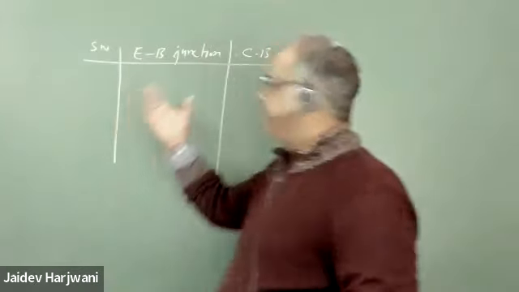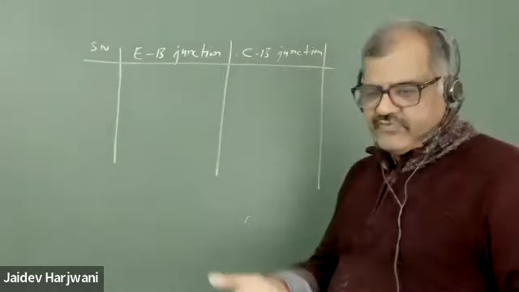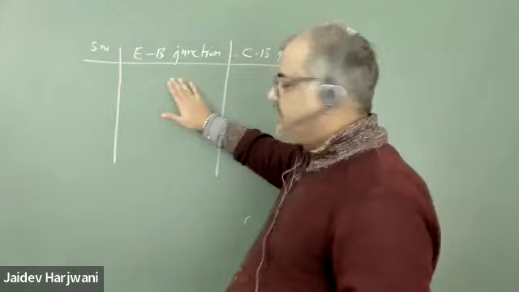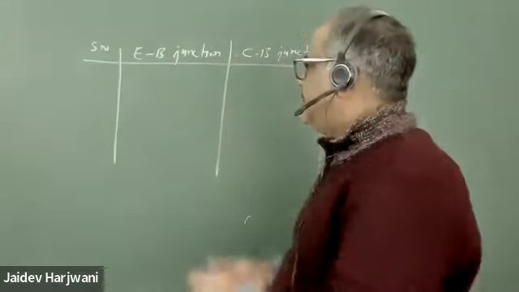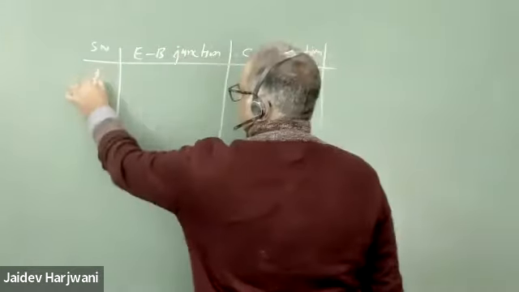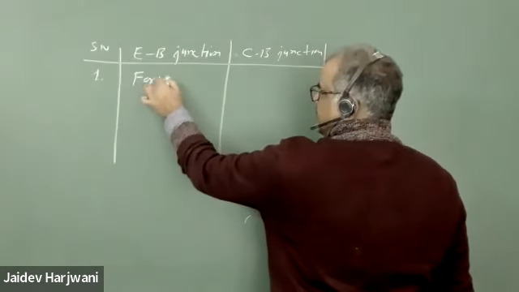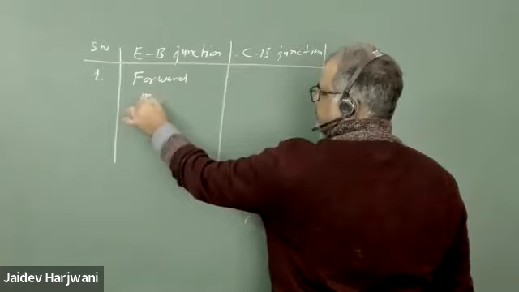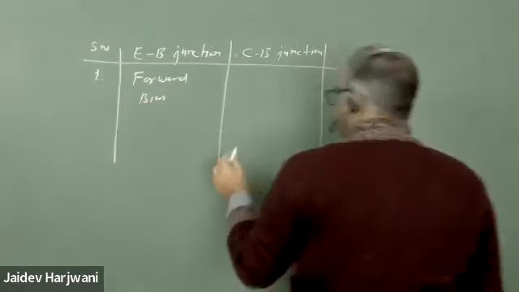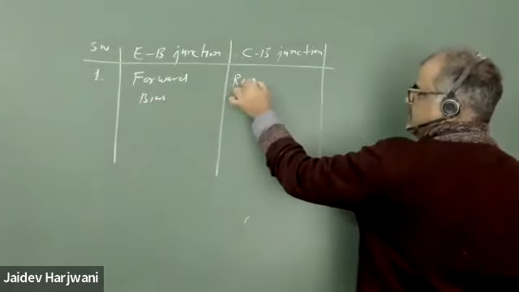Now here we have two junctions, so there are four possible ways to give the biasing to these junctions. Number one, we can make this junction forward bias and this one reverse bias.